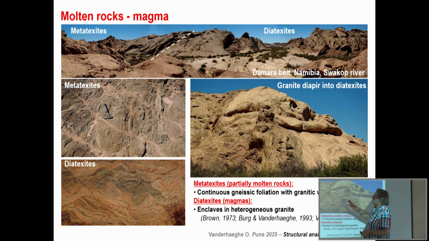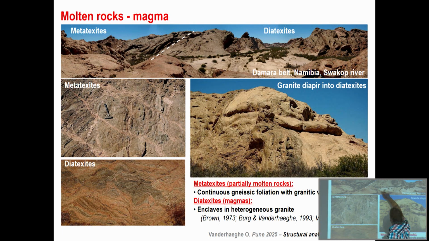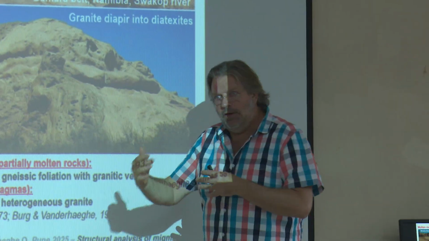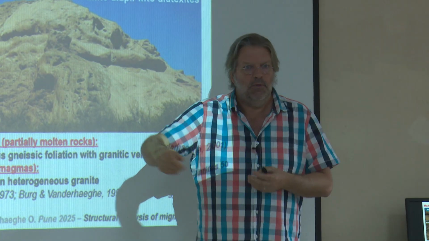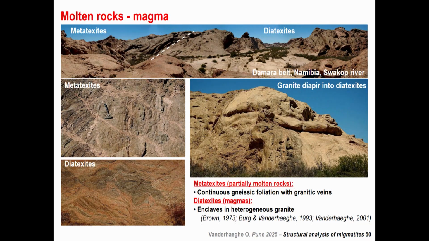Here it was very compelling to see that metatexites are always on top of diatexites, which are in the core of large-scale domes. So I think this also gives us a continuity and an increase in the amount of melt going downwards in the structural section.